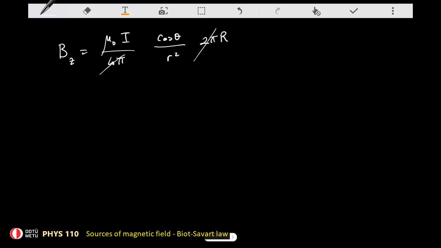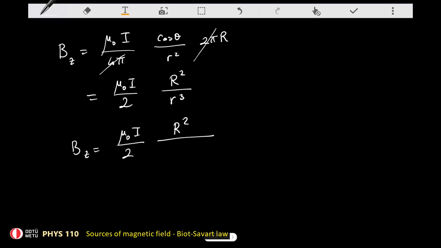Let me cancel these 2 pi with 4 pi, so we get mu 0 I over 2. Cosine theta is capital R divided by little r. So we get r squared divided by little r cubed. So I can write this thing down in terms of the given quantities.